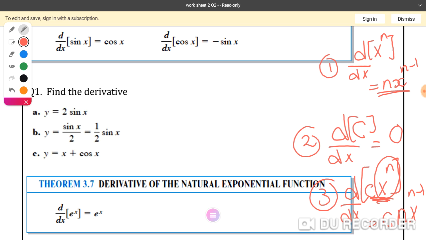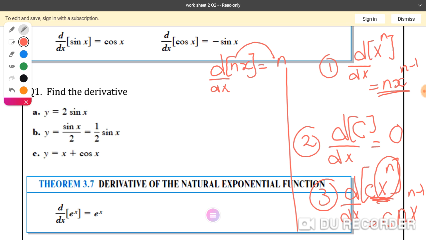I'd like to remind you, the derivative of any linear function with respect to x will be the coefficient. The derivative of 3x will be 3. The derivative of 5x will be 5, and so on.